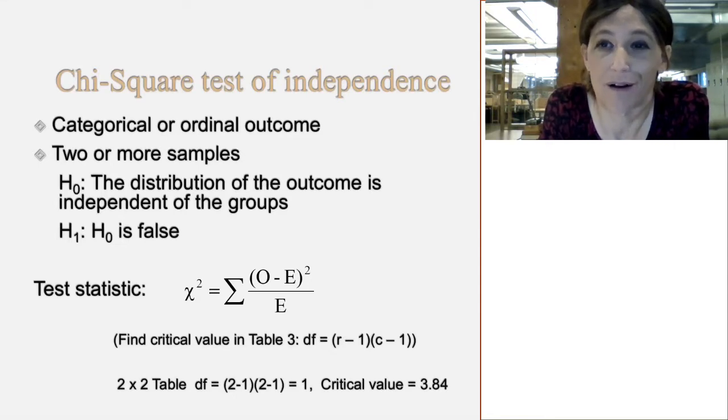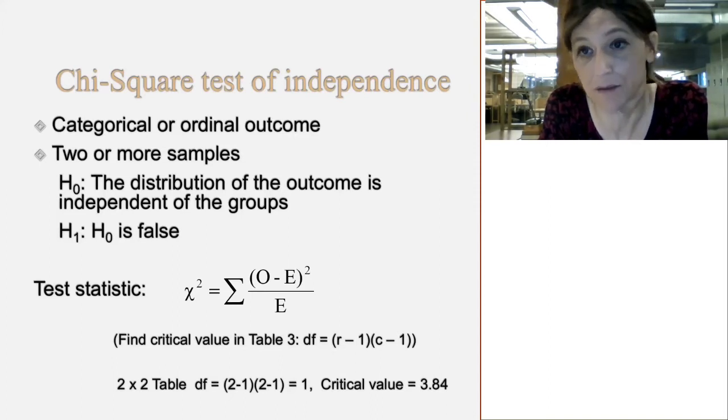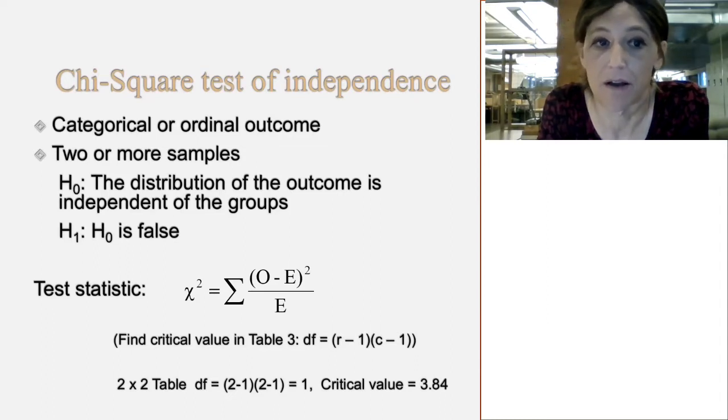So the null hypothesis in a chi-square test is that the distribution of the outcome is independent of the groups. So when we saw the relative risk, that would say that the distribution of the outcome of interest or disease would be independent of being exposed versus not exposed. That would be the null hypothesis.